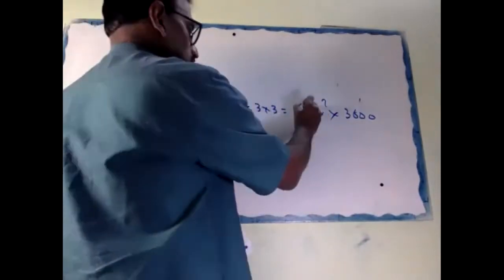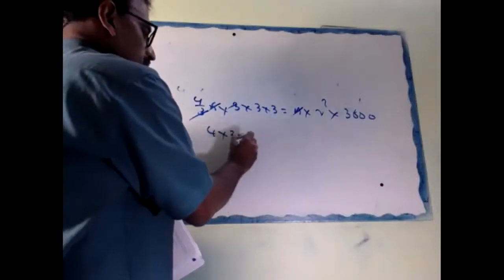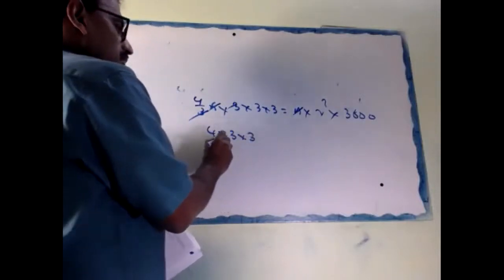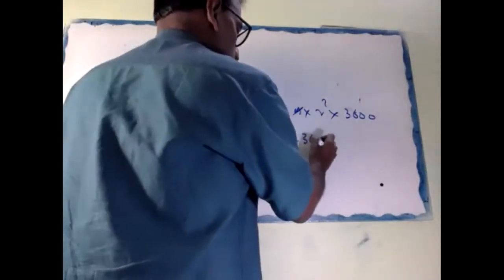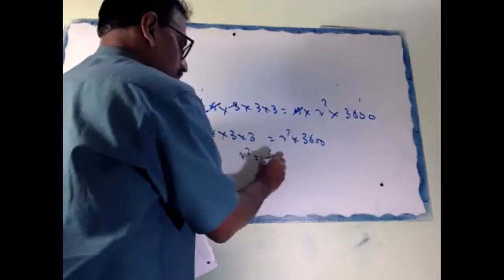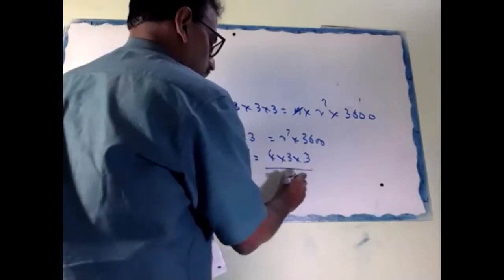Pi cancel. So 4 into 3 into 3, correct or not? 4 into 3 into 3 equal to r squared into 3600. R squared equal to 4 into 3 into 3 divided by 3600.